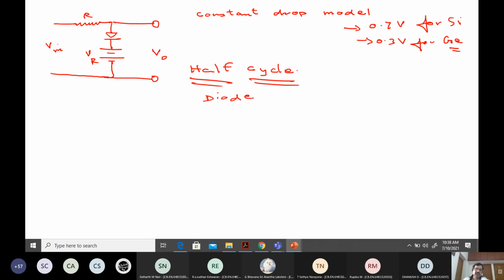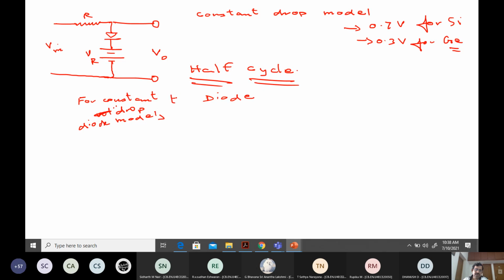We know that for the constant voltage drop model, it is the constant drop diode model only.